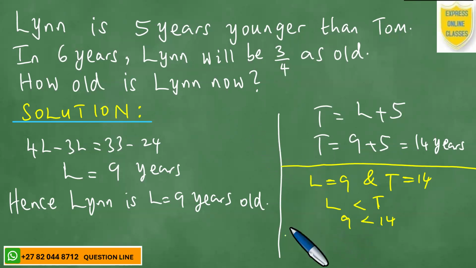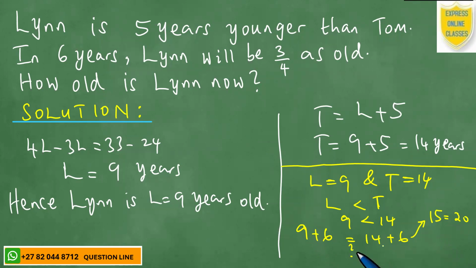In 6 years, you take the 9 and add 6, you take the 14 and add 6. 9 plus 6 is 15, and 14 plus 6 is 20.